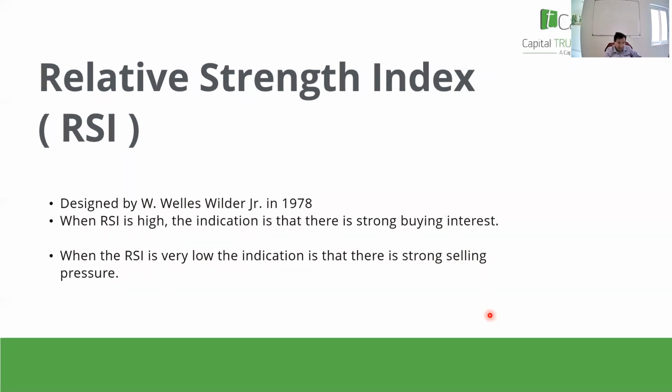Relative strength index was designed by Welles Wilder. When RSI is low, it indicates that there is strong selling pressure. When is there strong selling pressure? When a share is not popular. The popular perception is that the share is done, so don't buy the share.